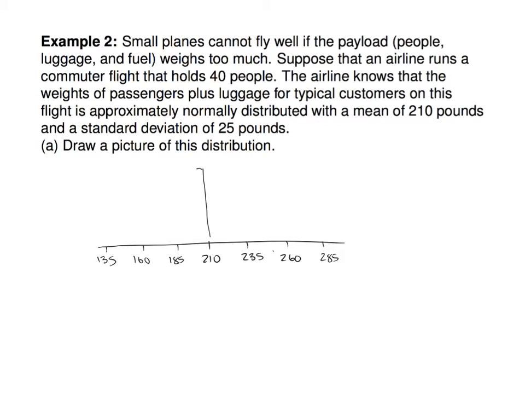And the total area of this curve would be 1, but the point is it's bell-shaped and decreases down to 0 at those ends. And this describes the variability in individual passengers.